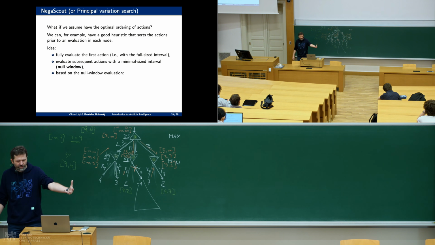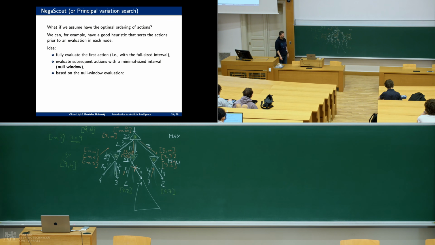Again, the first action is evaluated with the standard interval of bounds alpha and beta, and for the second and all the other actions in every node, I'm trying to minimize the interval as much as possible and call that search with a so-called null window. The interval is called a window. If it's as small as possible, it's called a null window.